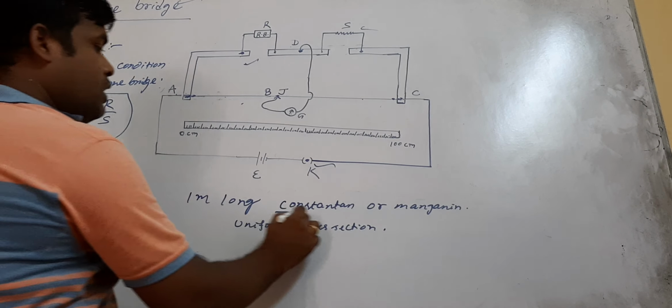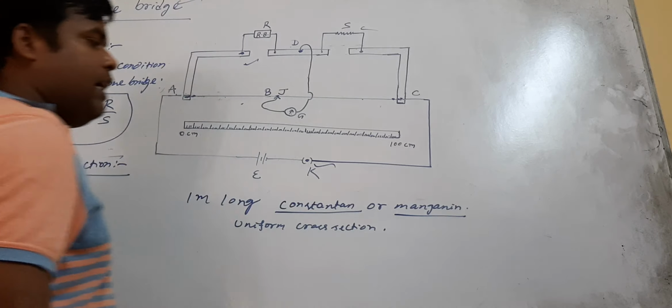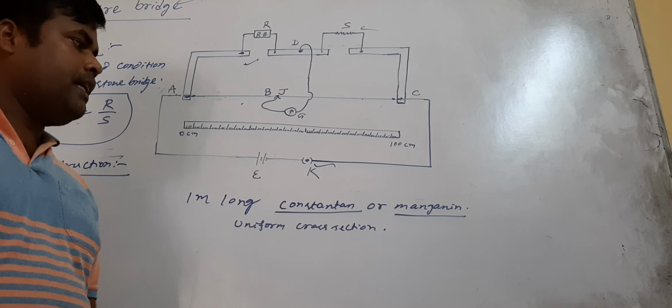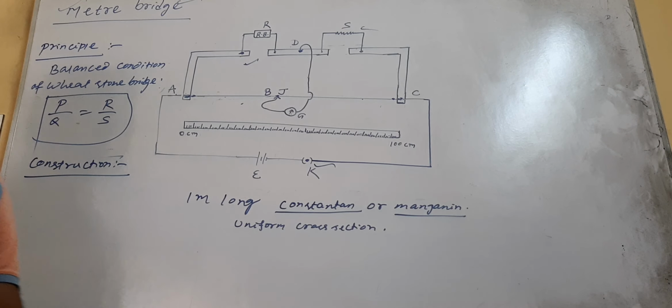You remember, constantan or manganese, they are the alloys. Constantan is the alloy of copper and nickel, and manganese is the alloy of copper, manganese and nickel.